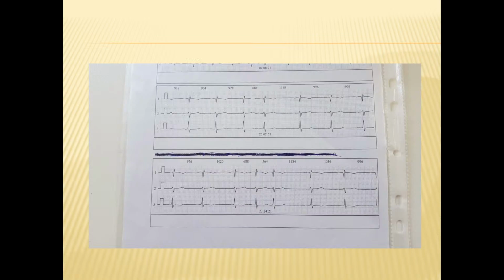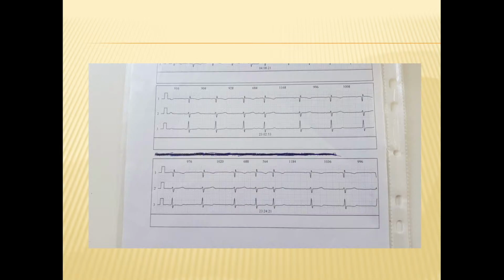So the computer finds this paroxysm, enlarges it, and now we can see sinus rhythm, then a paroxysm of supraventricular tachycardia, and then again sinus rhythm. The doctor who sees the 24-hour monitor has to print this pathological part to confirm the pathology present in the patient, to confirm the diagnosis of paroxysmal supraventricular tachycardia.